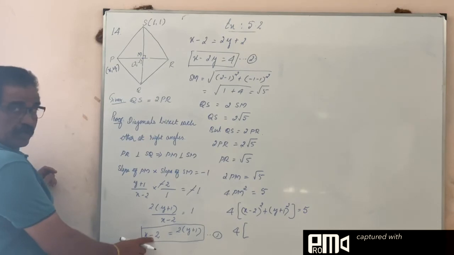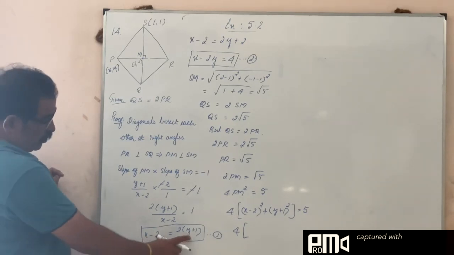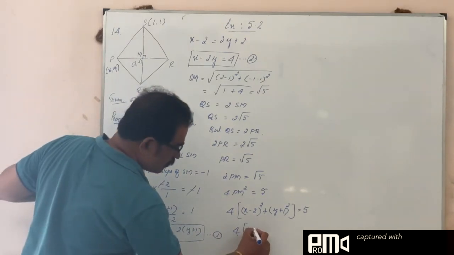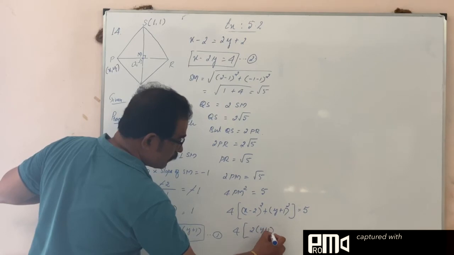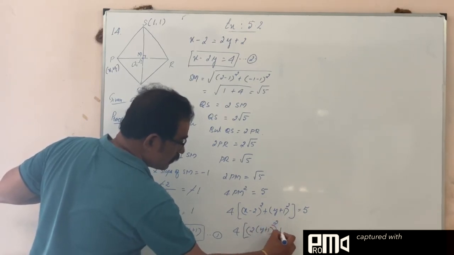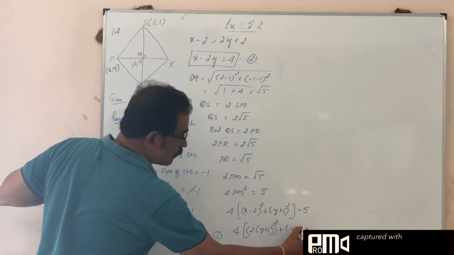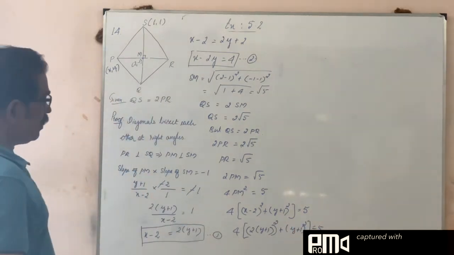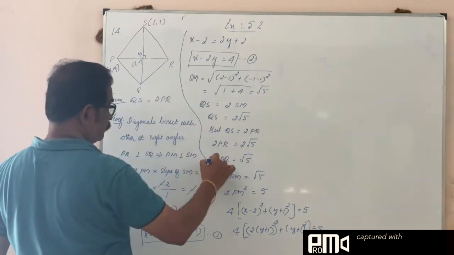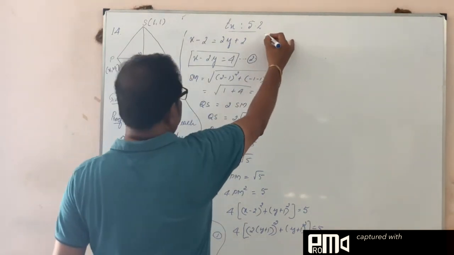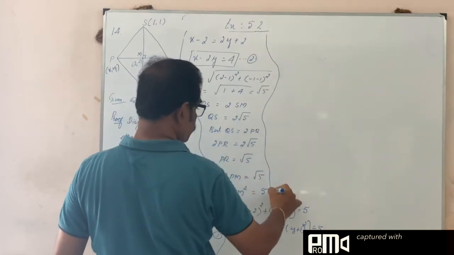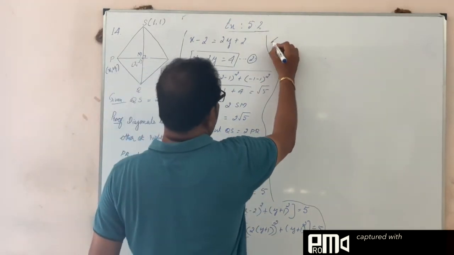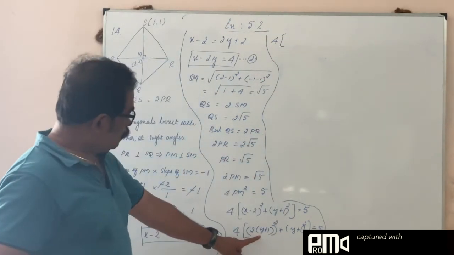But x minus 2 is what? That's why here we took this result. x minus 2 is 2 times y plus 1. So for x minus 2 you can substitute now 2 times y plus 1. So (2 times y plus 1) the whole square plus another (y plus 1) the whole square is equal to 5. So now all in terms of y. 4 into (2(y plus 1)) the whole square.